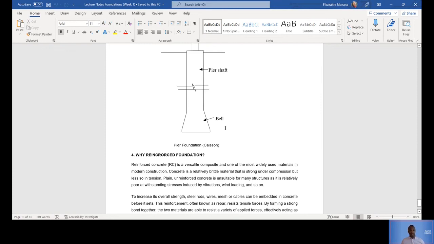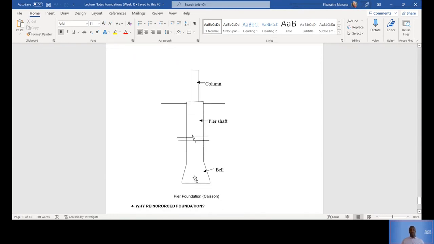I wanted us to understand the types of foundation today. The purpose of this lecture is just to understand those. Once you understand those, then we can come now and talk about the actual reinforcing of the types of foundations, as in how do you reinforce them, because all of these things need reinforcement in order to be stable. They need reinforcement in order to actually stand.